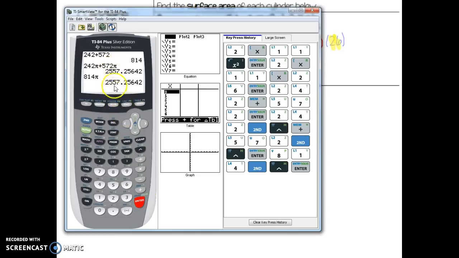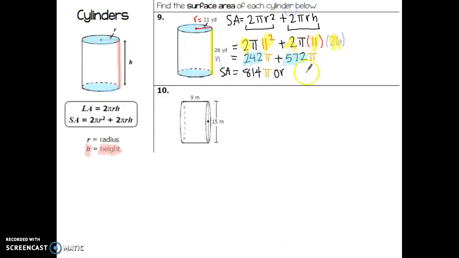That is the exact same answer. So I would say it's either 814 pi or 2557.26. So that is my answer. Either of those two are fine. Depending on what they ask you is what you will answer with.